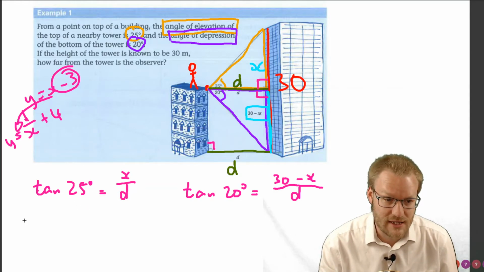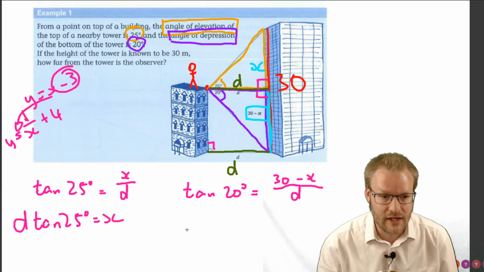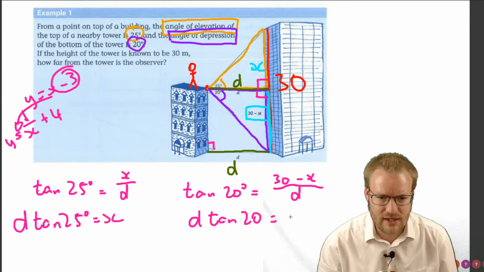Multiply both sides by d. d tan 25 equals x. So if d tan 25 equals x, and let's get rid of this fraction here. Let's multiply both sides here and go d tan 20 equals 30 minus x.